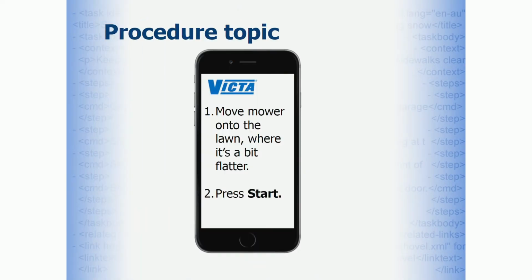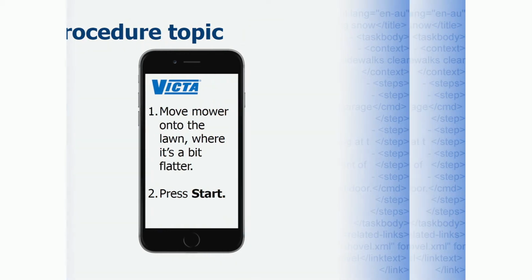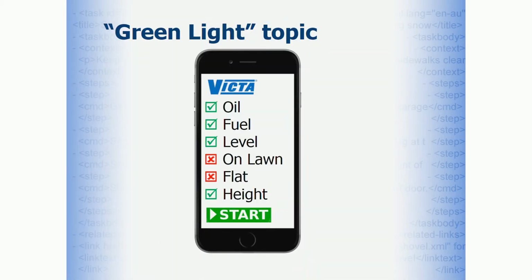Or maybe if it was on the mobile phone, it might say, move the mower onto the lawn, because you're trying to start it on gravel, and then press start. So it could be proper task information, but presented in a way that removes steps that are not relevant due to the particular context. Or it could present things as a checklist.